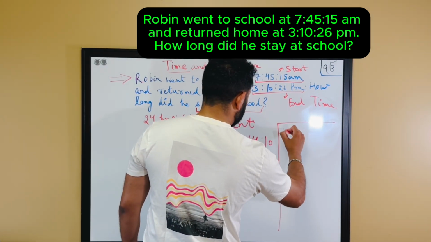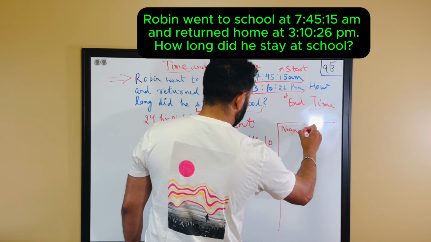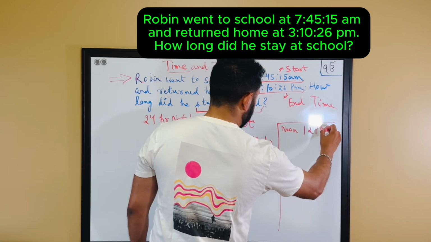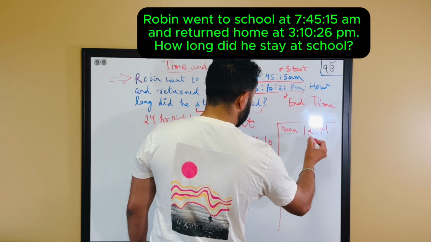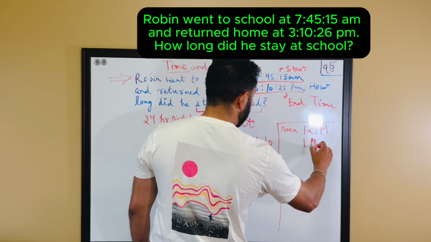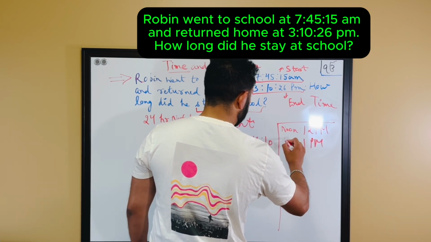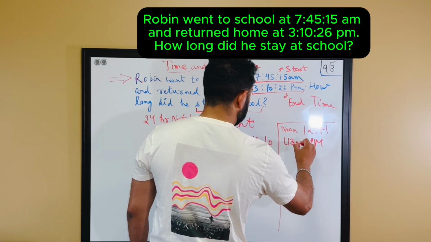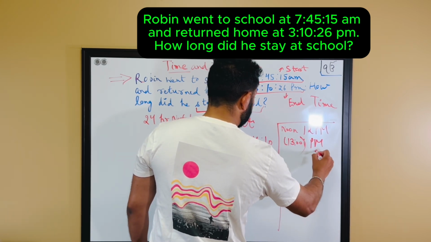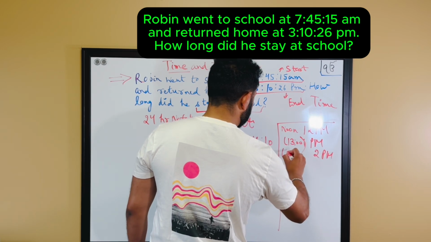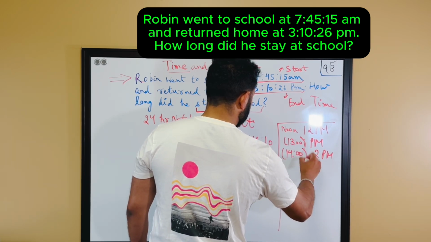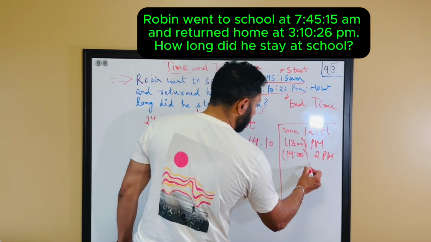Also, for example, noon is 12 p.m., and after that 1 p.m., which we can write as 13, and 2 p.m. as 14, and that goes on.